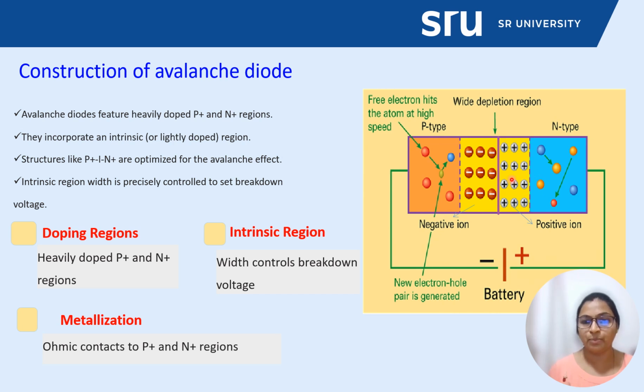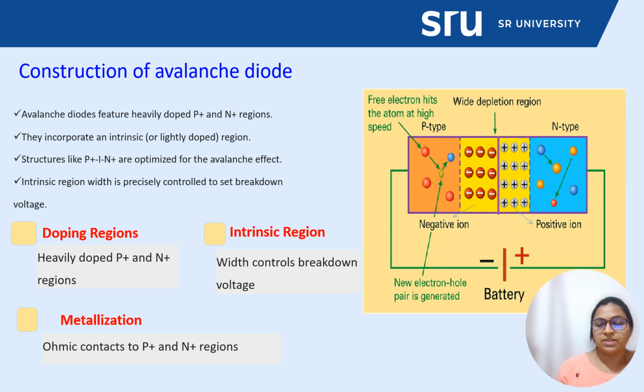The depletion region properties and how they work we have discussed during the Varactor diode series, so I am not going into that again. Here in the p-type, free electrons hit the atoms at high speed, and a new electron-hole pair is generated. You can see here that the width of the depletion region for this avalanche diode is very wide.